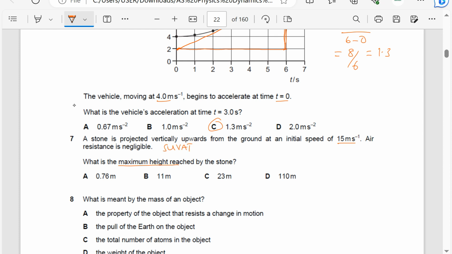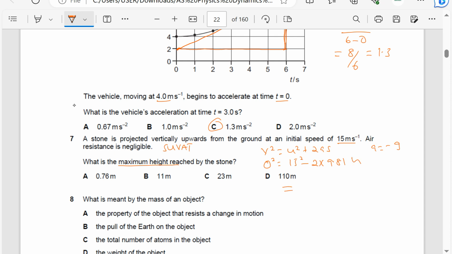So v squared equals u squared plus 2as. At maximum height v is 0, so 0 squared is equal to initial velocity, which is 15 squared. Because it is moving against gravity, the acceleration is going to be negative g. So this will be minus 2 times 9.81 times the distance, which I'm calling h.